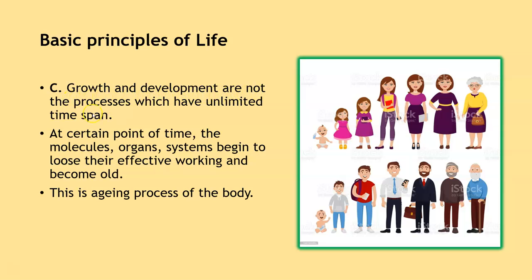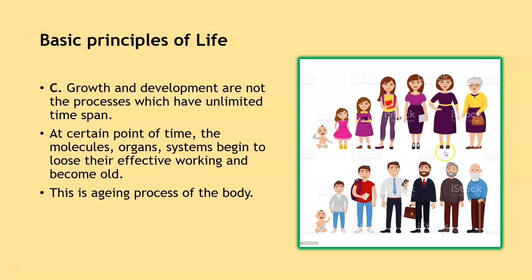These two factors are not processes which have an unlimited time span. At a certain point of time, the molecules, organs, and systems begin to lose their effective working and they become old. This is the aging process of the body. If you have a look at the human life cycle, you will see that after completing a number of stages, the end stage is aging.